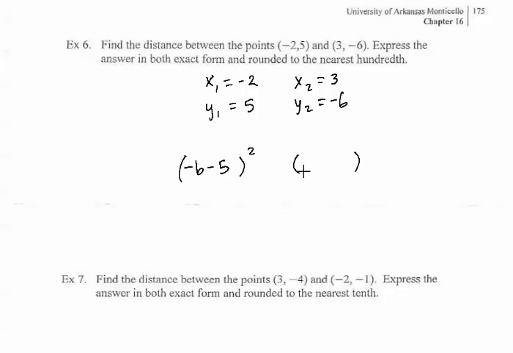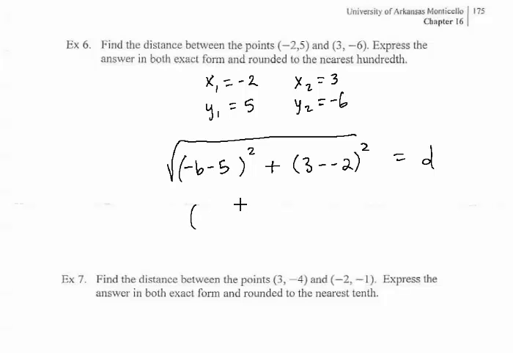We square it, take the difference of the x's, 3 minus this minus 2, so we get a double negative. We square that. We add those two squares together and we take the square root. This is going to give us our distance.